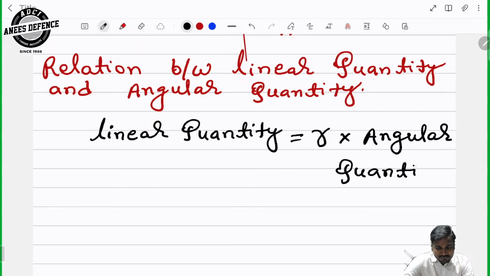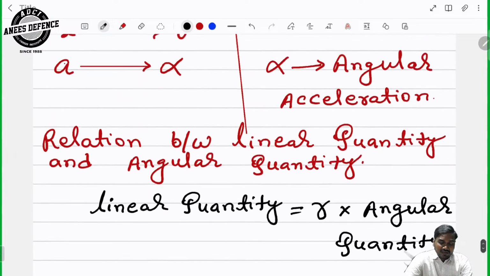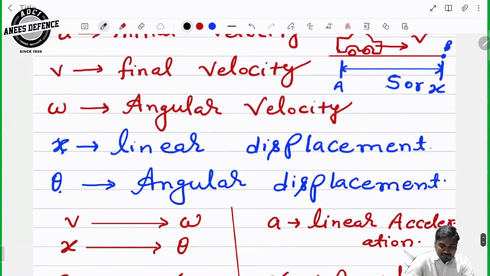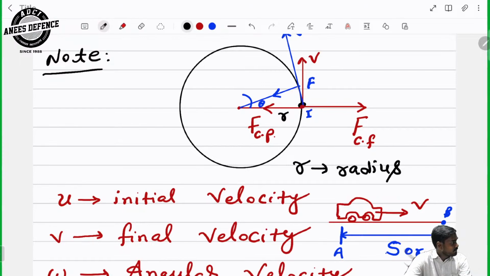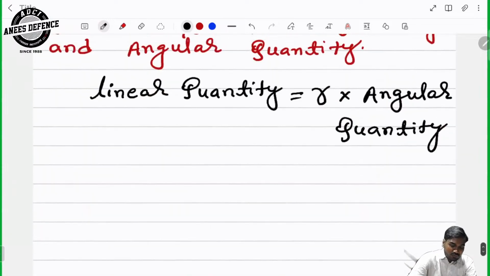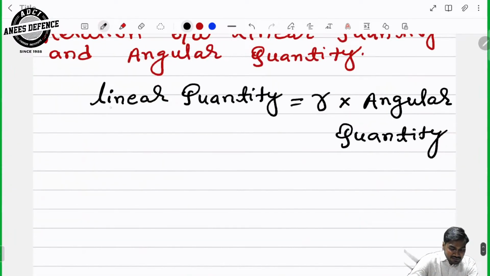R is radius. Understood? So you can write linear quantity is equal to r times angular quantity.